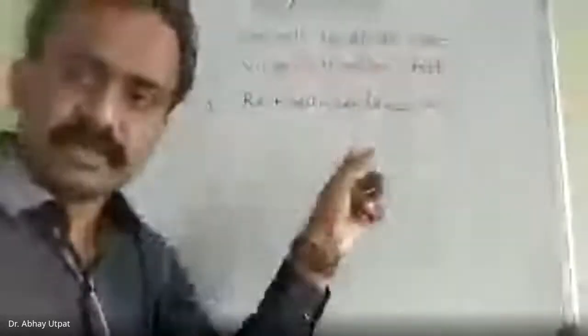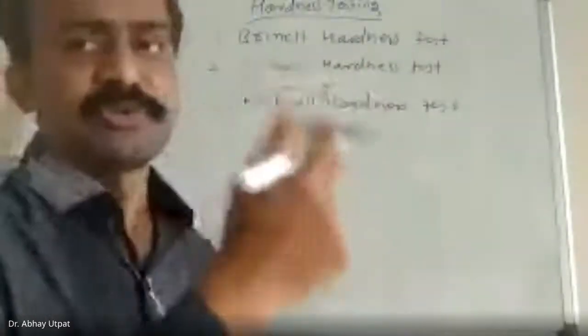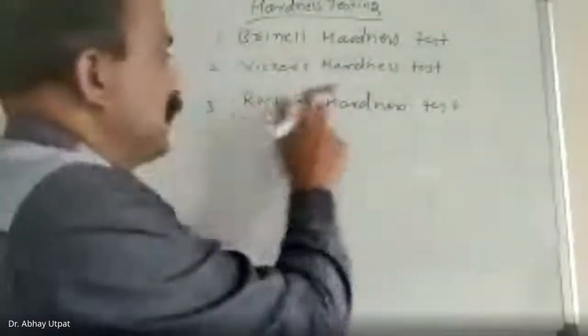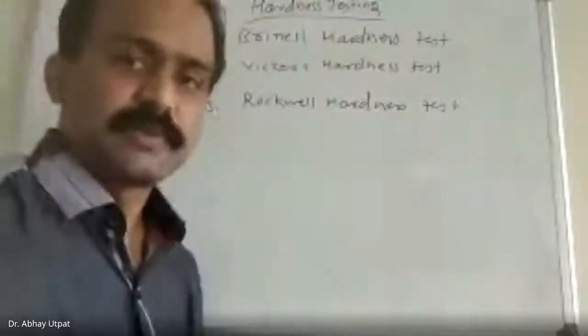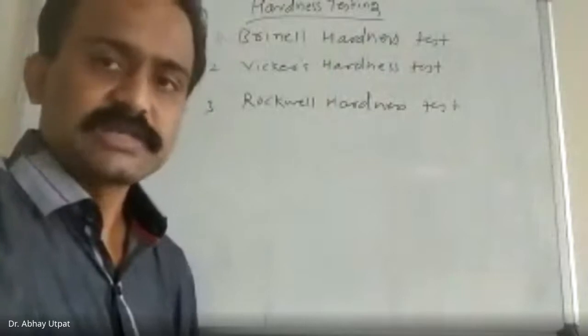But if you use these three methods, the unit will be different. The Brinell hardness test measures in terms of BHN value, Brinell hardness number. Similarly, Vickers hardness uses the Vickers hardness number. Rockwell hardness uses the Rockwell number. So one by one, when we study, I will explain how it is measured. Now next line, write down Brinell hardness test.